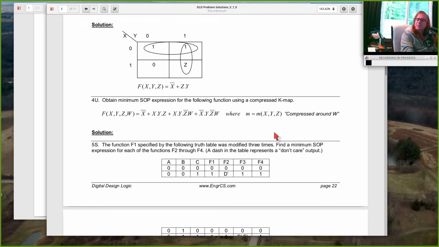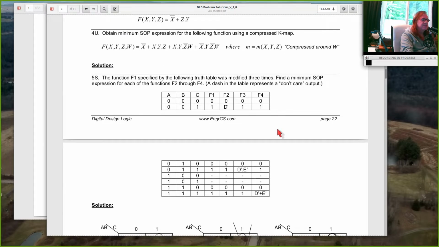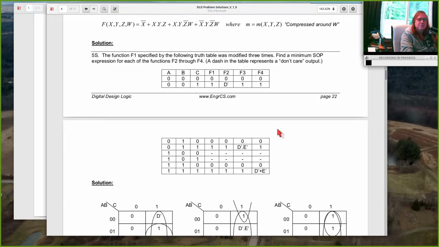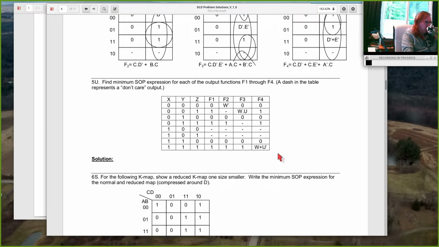So 4 is not one of the assigned questions, and 5 is not one of the assigned questions either. But the idea here is that we can take a truth table and we can write it in terms of other inputs. That's called compression, and we'll touch on that later on, but those questions aren't part of the assignment.